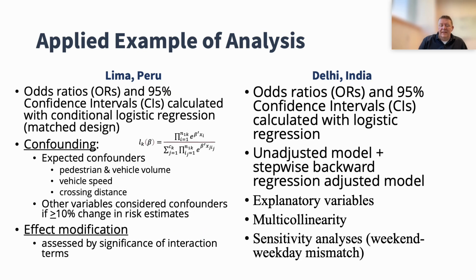So, for example, in these two studies, the Lima-Peru study used conditional logistic regression. The Delhi-India study used logistic regression. The Lima-Peru study focused on confounding, with predefined confounders that had been hypothesized, and then exploring confounding from other factors, as well as checking for effect modification, where the relationship between disease and exposure varies, for example, by road type.